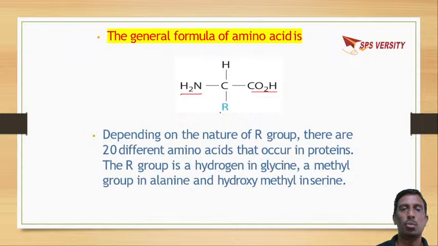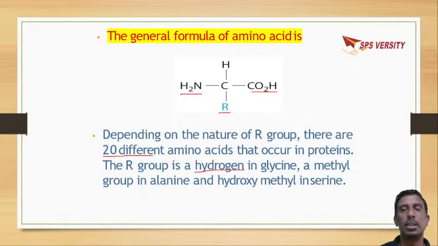And the functional group R may differ from amino acid to amino acid. Depending upon the nature of the R group, there are 20 different amino acids. For example, if you take glycine, the R group is hydrogen.